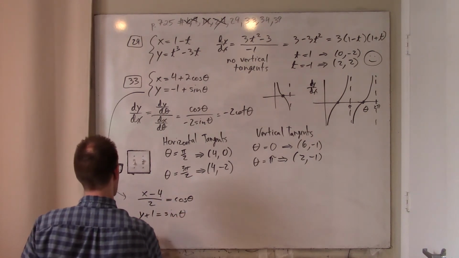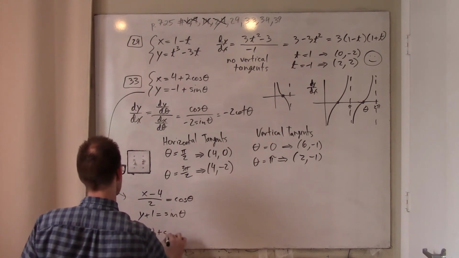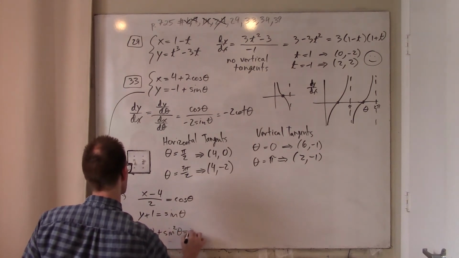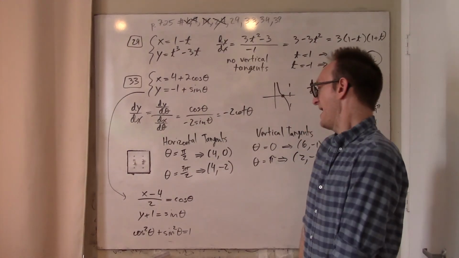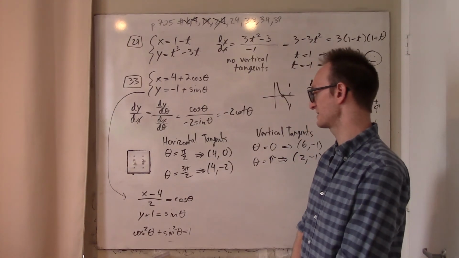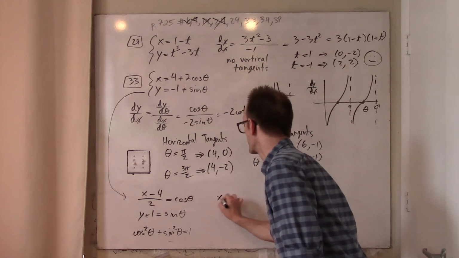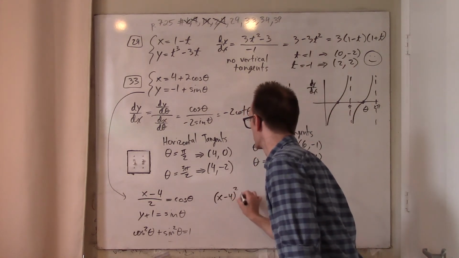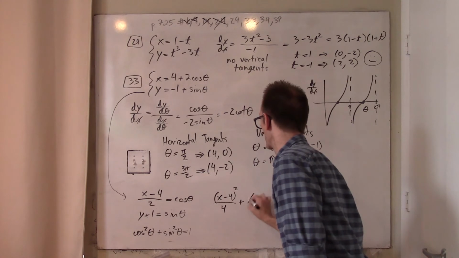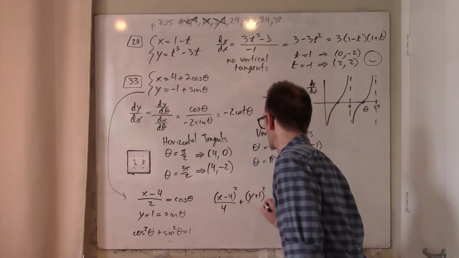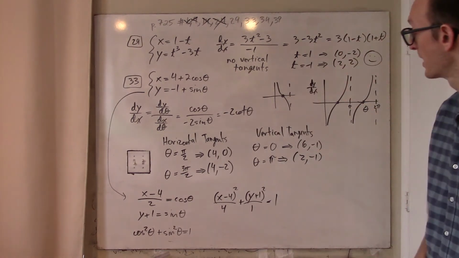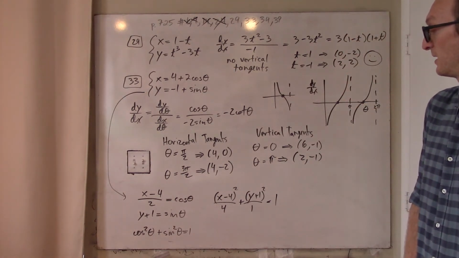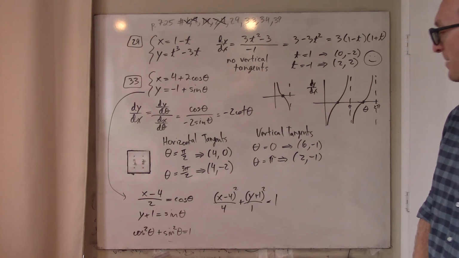And since cosine squared theta plus sine squared theta equals 1, we can eliminate the parameter, and we see that it's just x minus 4 squared over 4 plus y plus 1 squared, some people like to put the 1 there, equals 1, is the equation of this curve with the parameter eliminated.